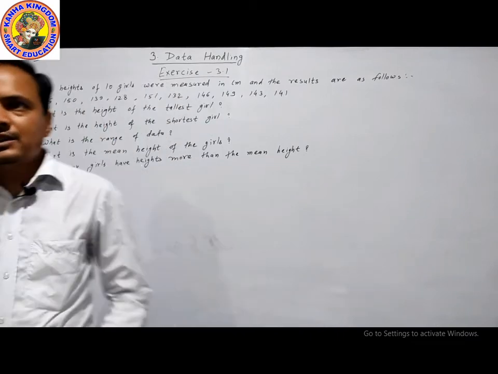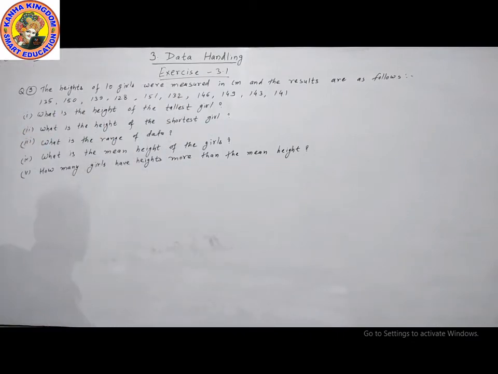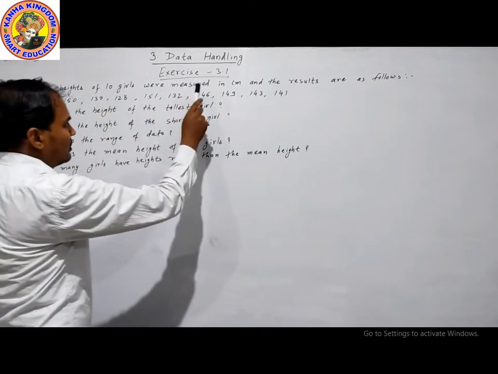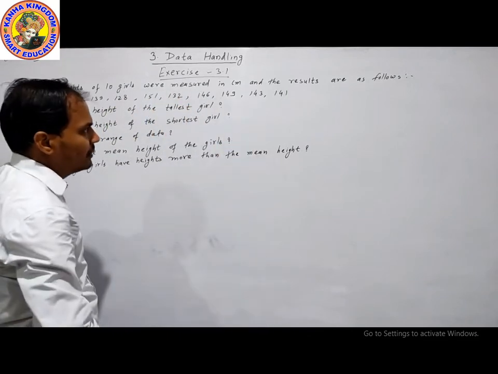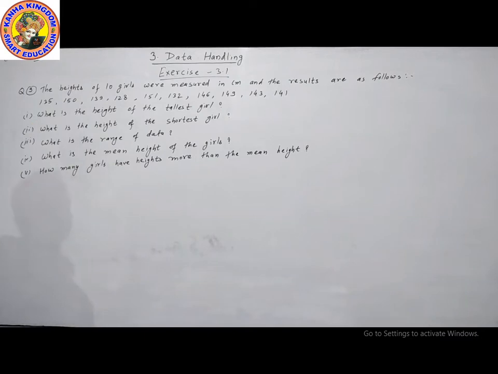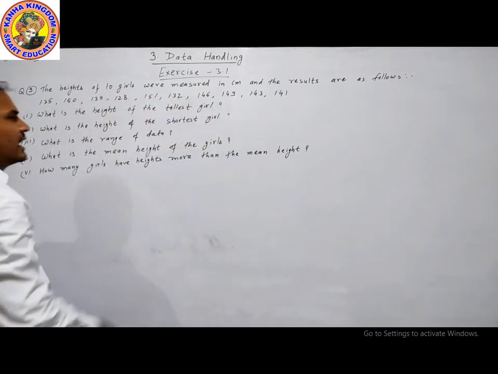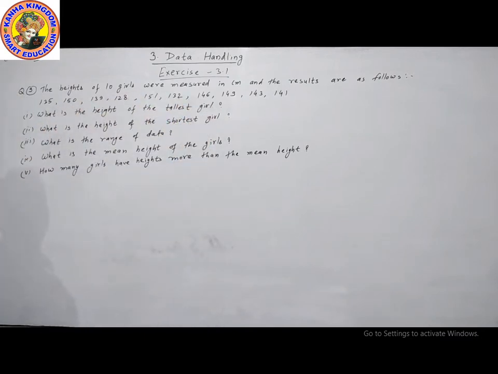Now our next question is question number 9. The heights of 10 girls were measured in centimeters and the results are as follows. These are the heights of the girls. Question number 1: what is the height of the tallest girl? That means what is the highest value?